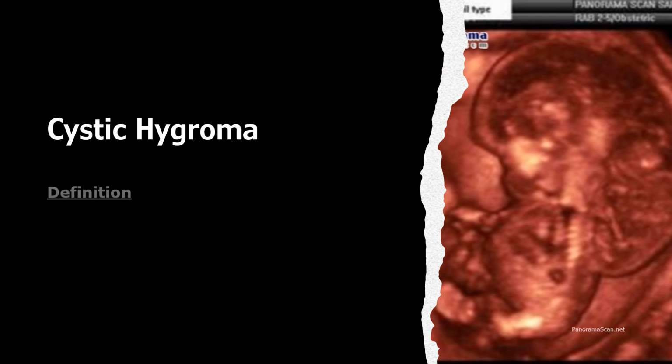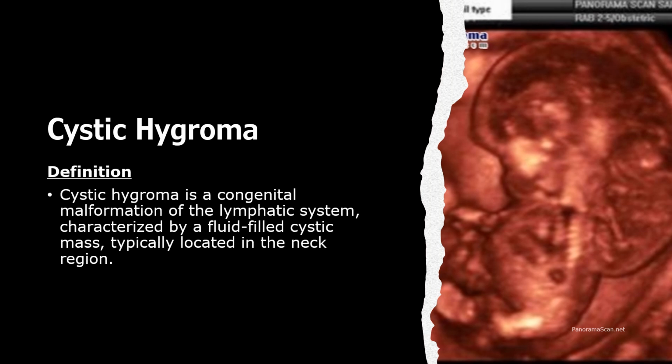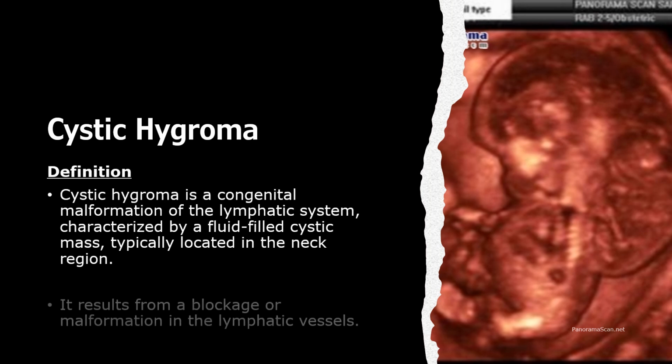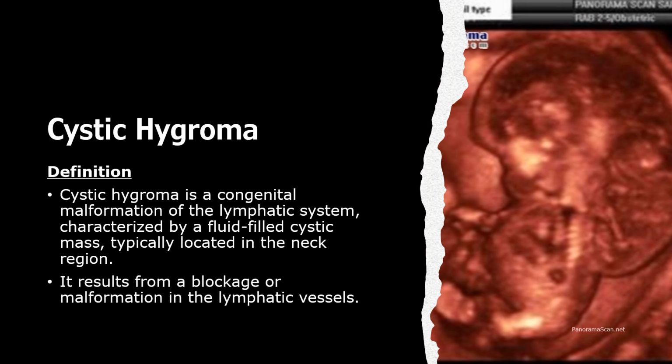The next anomaly we will discuss is cystic hygroma, a congenital malformation of the lymphatic system, presenting as fluid-filled cystic spaces, most commonly located in the neck region of the fetus. It arises due to blockage or malformation in the lymphatic vessels, which impairs proper lymphatic drainage and leads to formation of these cystic spaces.